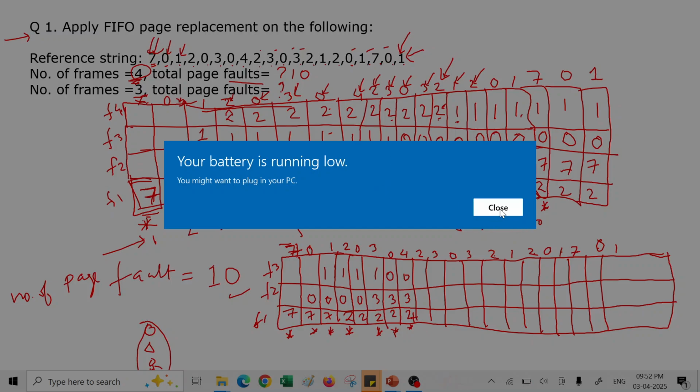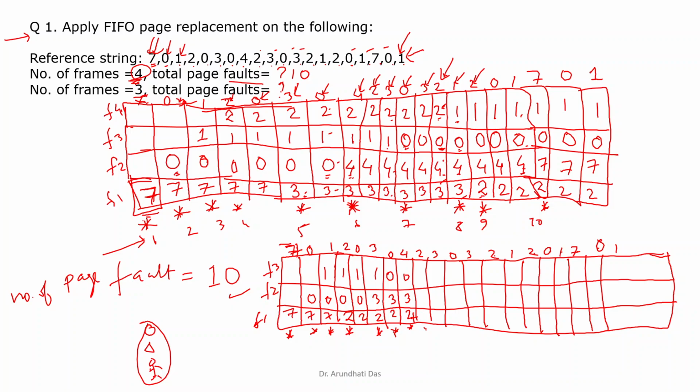So it is a page fault, I'll replace the old one. So 4, the old one here is 3, so 2 0. Again 3, page fault, 4 2, I'll replace here 3. Again 0, again page fault, then 3 just now, then okay, 4 I'll replace because it has come first.